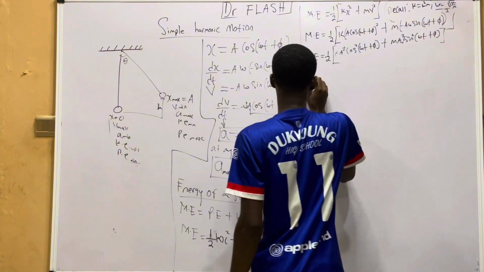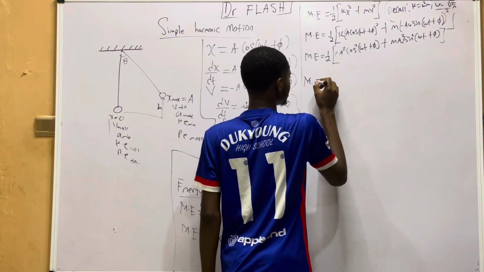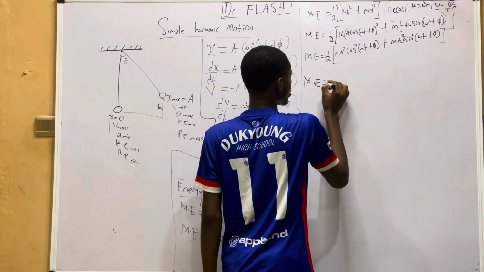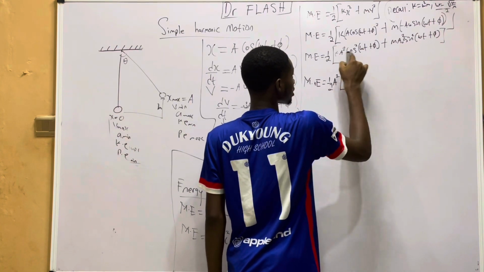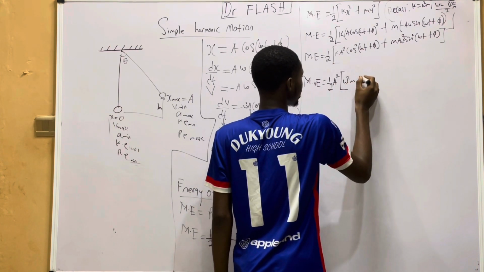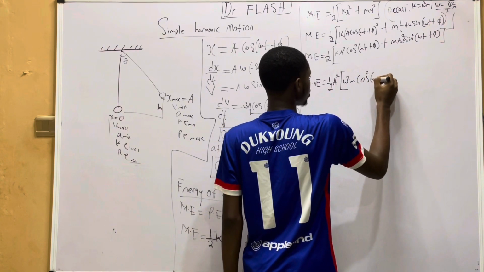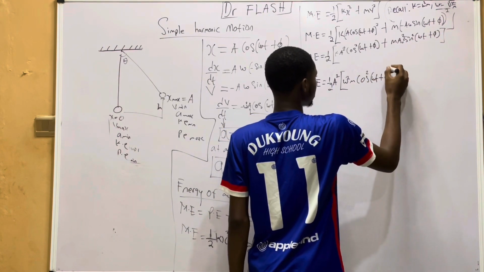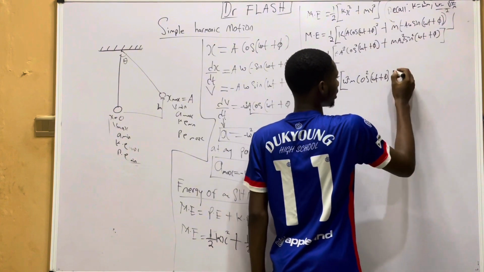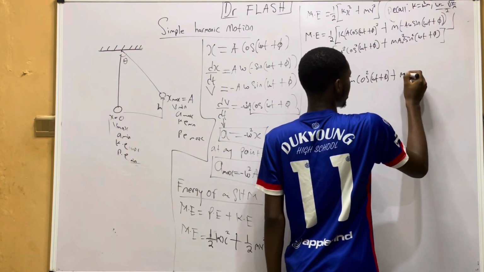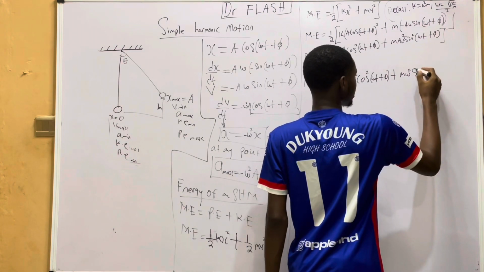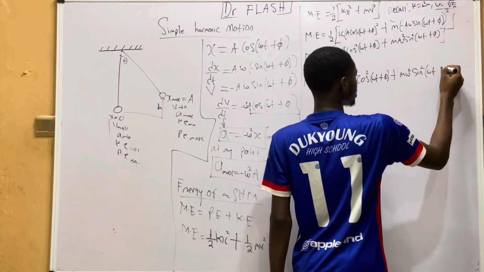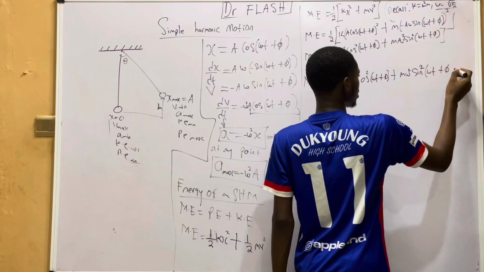So we're going to have mechanical energy is equal to 1 over 2. A squared is common, bring out A squared, and then k is ω squared m. ω squared m cosine squared(ωt + φ), and then ω squared m, they are both the same thing, sine squared of (ωt + φ).